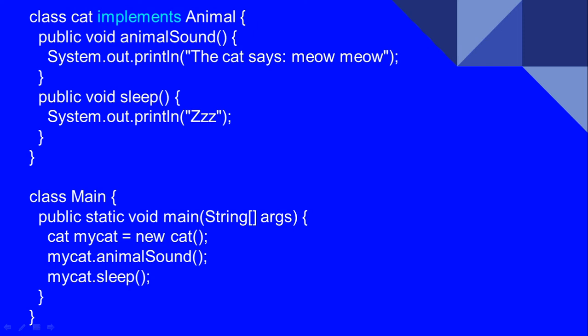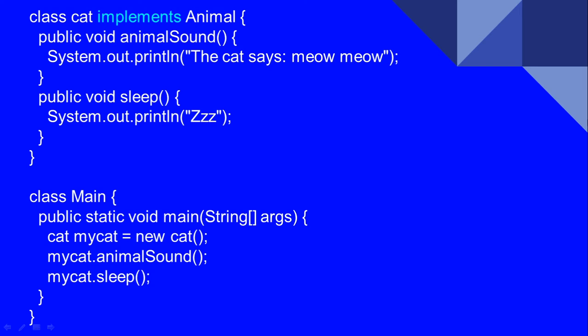So Animal is the interface and now we are using the method animalSound from the interface, and we are describing the body of the method. What is the body of the method? Simply for example, System.out.println, the cat says meow meow. That is one statement. Now the function is over. We explained the function animalSound.